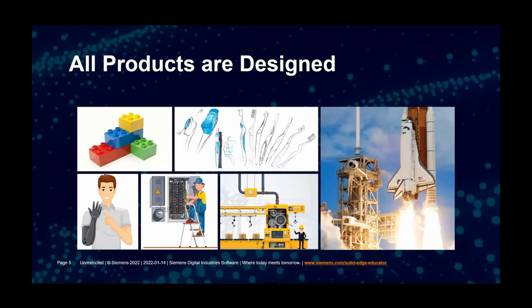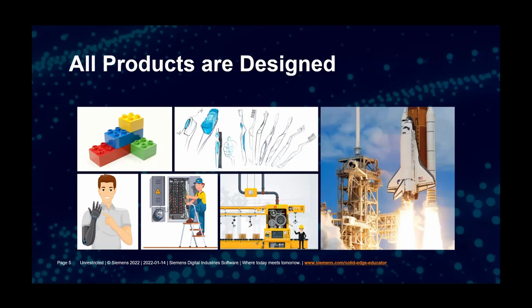So the first thing that we must understand is that all the products that you see around you every single day are all designed, everything from Lego blocks to toothbrushes. Sometimes people have prosthetic limbs, those are designed as well. And even something as large as a space shuttle, imagine how much design goes into launching that into space.